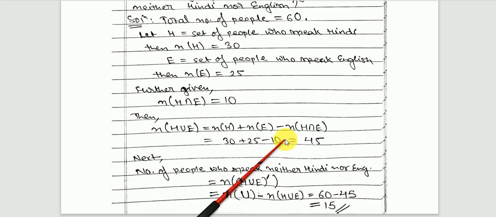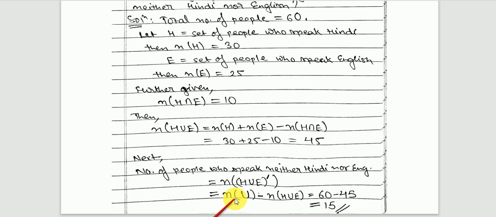Now they are asking how many are there who do not speak any of the languages. So number of people who speak neither Hindi nor English will be number of elements in the complement of H union E. So here in the universal set, total people are 60.